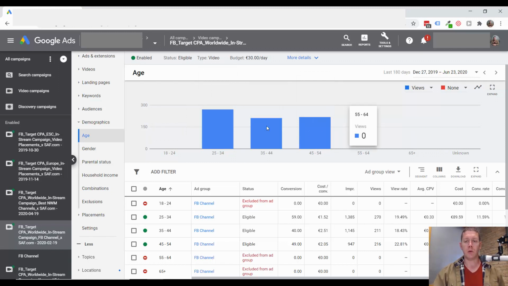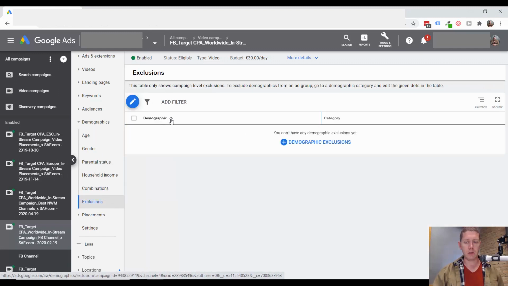So that means their ad is only showing to these people, which is pretty focused on who their ideal target customer is, and it's excluding everybody else. You can exclude demographics at the ad group level, or you can come in here to the campaign exclusions and exclude demographics across the whole campaign.